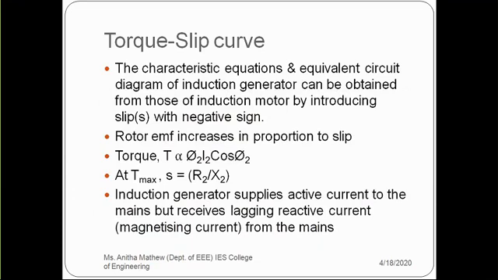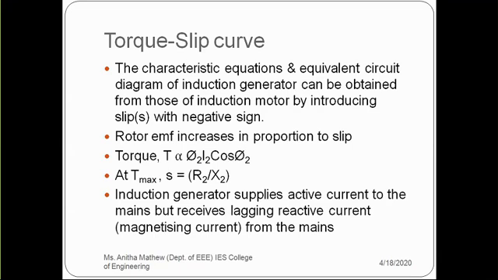Torque is directly proportional to phi 2 I2 cos phi 2, where phi 2 is the flux developed, I2 is the current in the rotor, and cos phi 2 is the power factor, and the maximum torque will be developed when S equals R2 by X2.